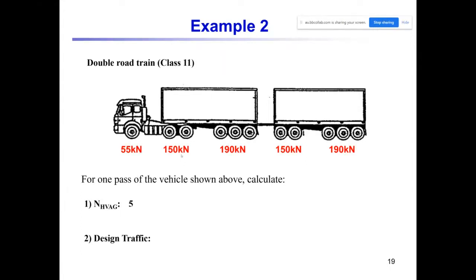So if the load is different, and generally it is like that, not exactly the same as the standard load, how can we determine the design traffic for just this one double road train?